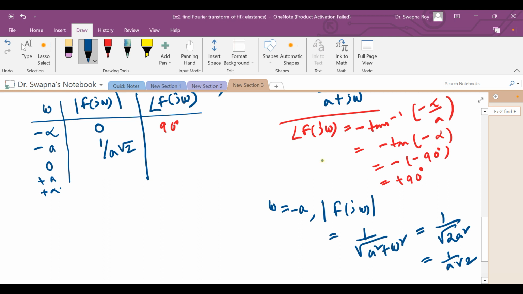The angle theta is equal to minus tan inverse of minus a by a, so minus tan inverse of minus 1, which is minus (minus 45 degrees), so this will be plus 45 degrees. So this is plus 90, this is plus 45.